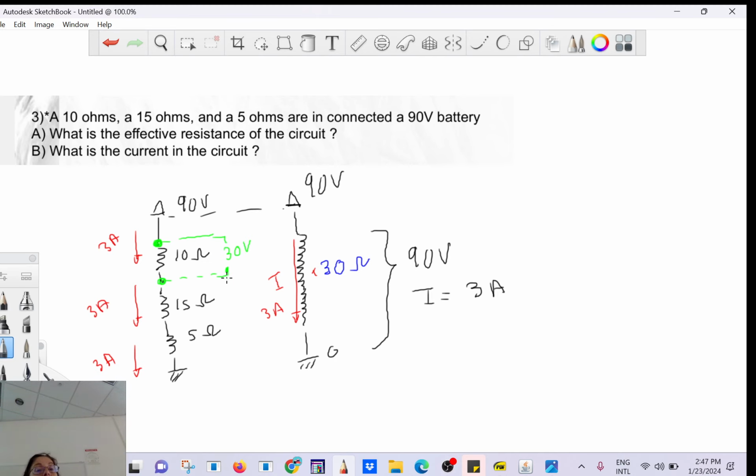Boom! How much is left now? 60. So between here and there, we're going to have 60. Do you agree? Okay, you drop by 30. So left relative to ground is going to be 60. But I'm going to measure the voltage here. How much is that?